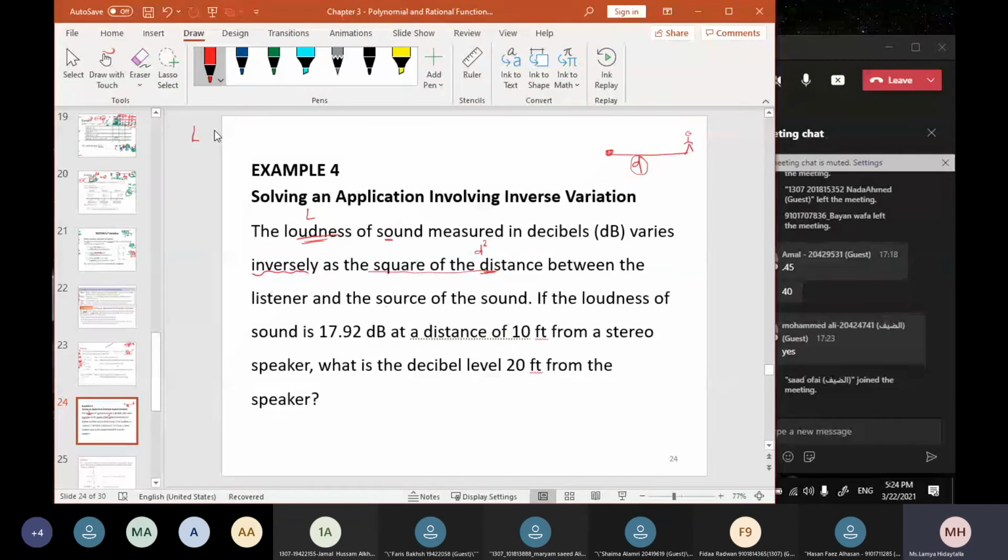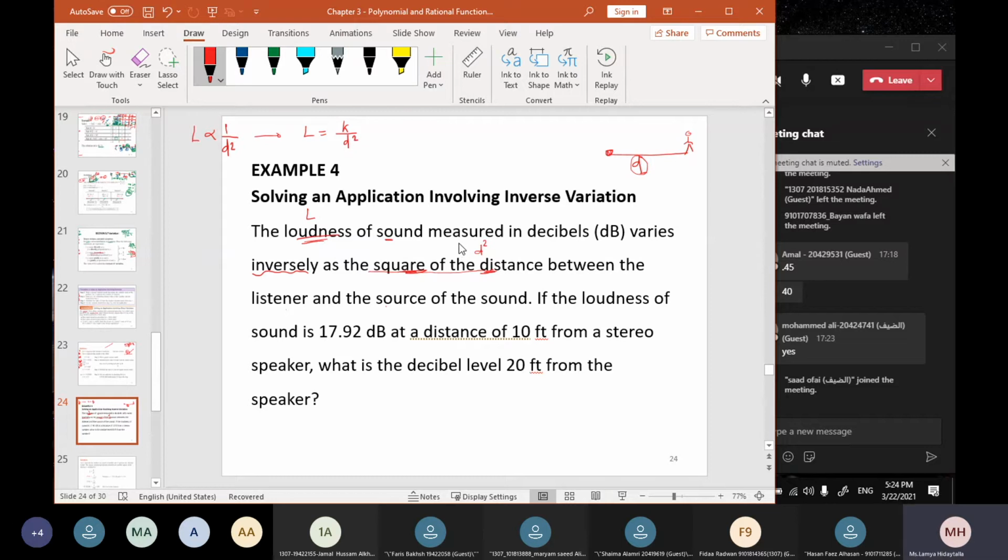L is inversely proportional, that means 1 over what? Over D? No, it says the square of D. So D squared. So I need to write it as an equation. This implies L is equal to some constant K multiplied times 1 over D squared. So K over D squared.